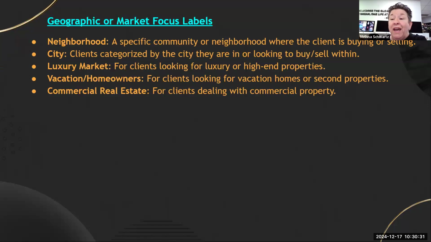Another way you can categorize and work with your database. This is after you have your database up, folks. Again, beginners, stick to the bare basics, right? Geographic or market focused labels. If you are marketing a specific neighborhood, you really need to have that category in there.